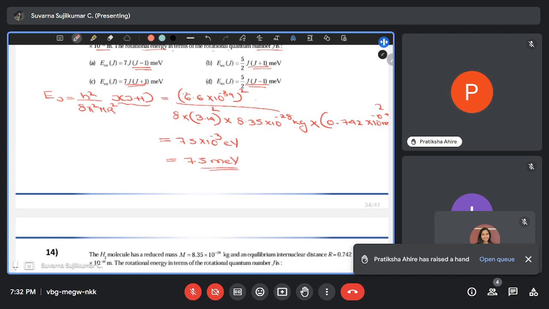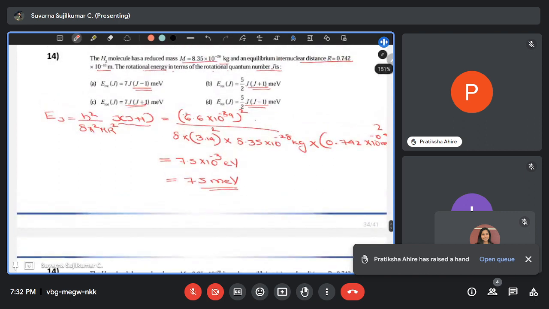We only have to find the moment of inertia, where mass is given and the internuclear distance is given, and put it in the rotational energy equation so that you get the energy in electron volt terms. So the EJ will be in this 7.5 milli electron volt.